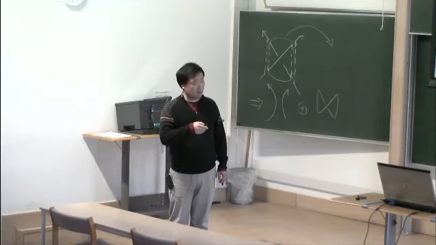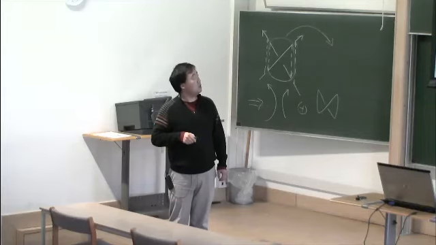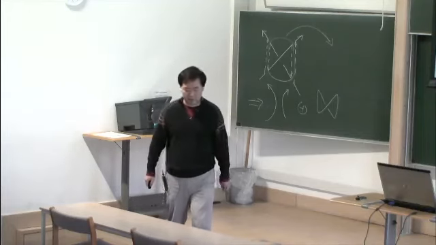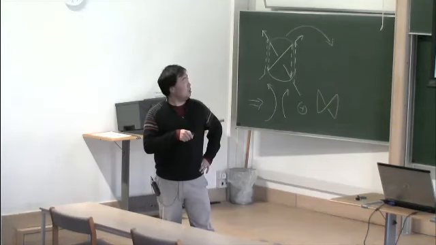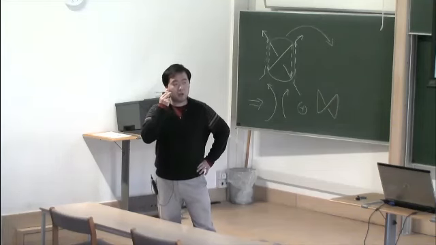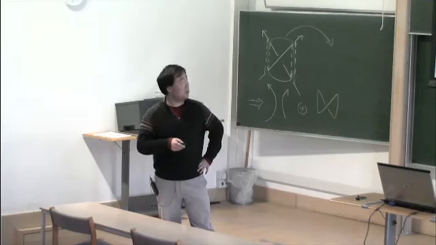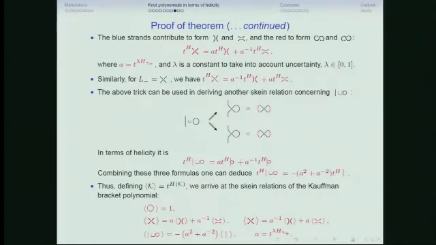Similarly, for this crossing, we have a similar result. So you can find that these two are already in the appearance of skein relations. But for the Kauffman bracket polynomial, we need another skein relation, concerning the disjoint union of the link and a circle.